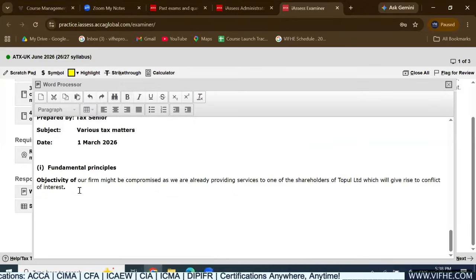Ethical concern, ethical rule, which is about confidentiality. Of course, if we are going to provide services to Topal Limited, the company, and the shareholders simultaneously, another conflict of interest would arise in respect of confidentiality, right? So we really need to avoid divulging confidential information with respect to one party towards the other party.